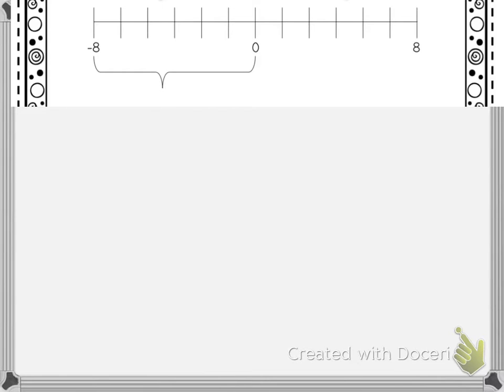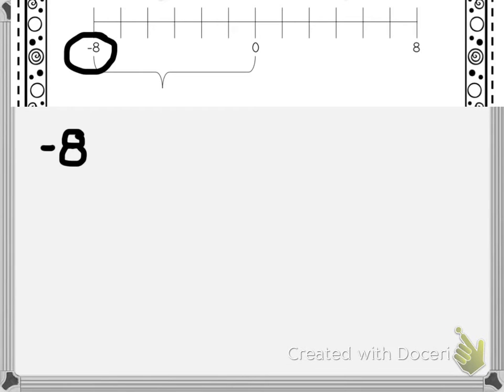This is one of those examples where you really have to look at your number line, because if you were to try and label these ticks, these intervals, as 1, you're going to find that it won't work. So we have to do a little bit of math to figure out how we are going to label our numbers. The first thing I'm going to do is look for my end number, which is -8.